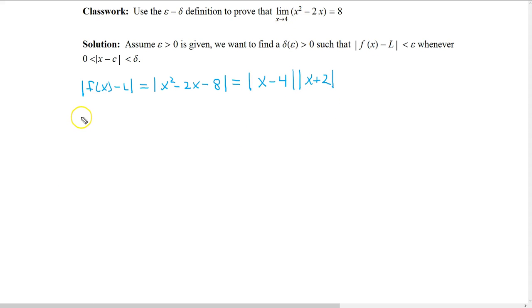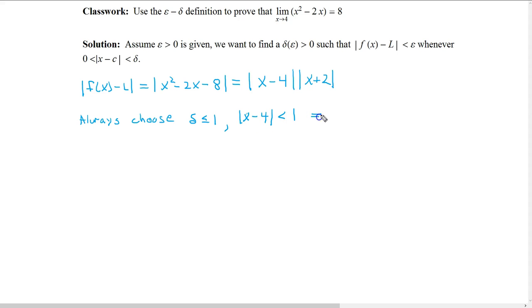So what we're going to do is say that from now on, we're always going to choose the delta to be less than or equal to 1, in which case |x - 4| will always be less than 1, because we always pick this less than our delta.